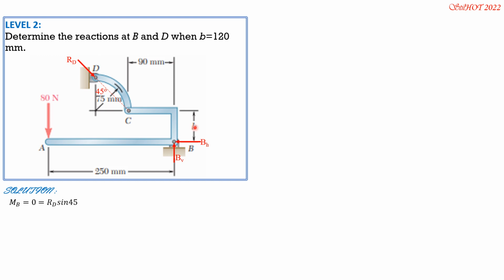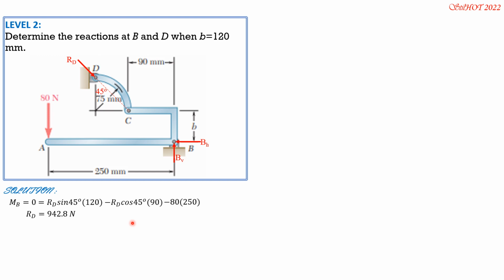So RD sine 45 times 120. The vertical component is counterclockwise, so minus RD cosine 45 times moment arm 90. Then minus 80 times 250. From here, we can solve the magnitude of RD. RD is equal to 942.8 newtons.